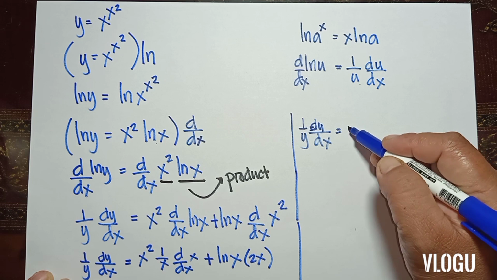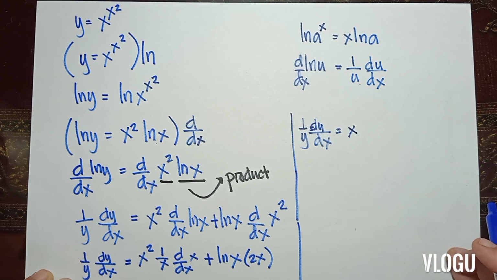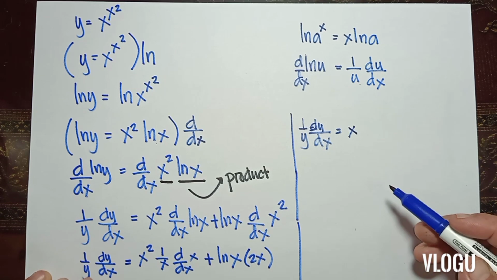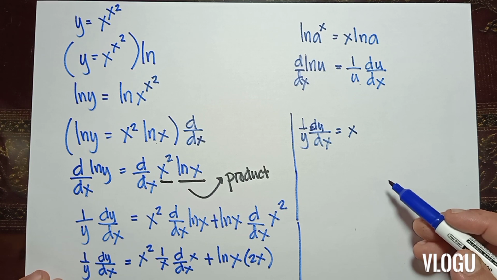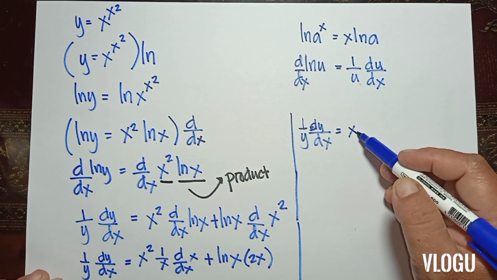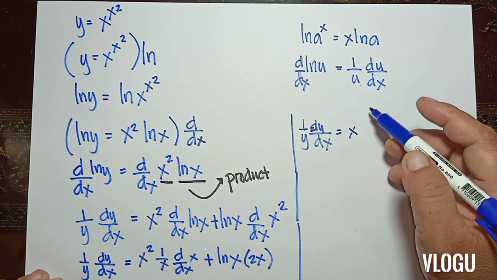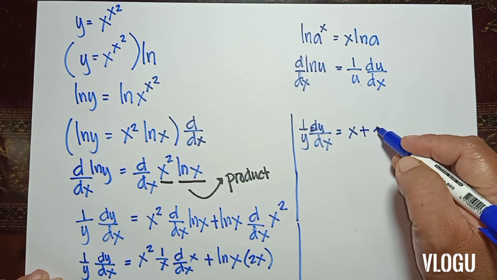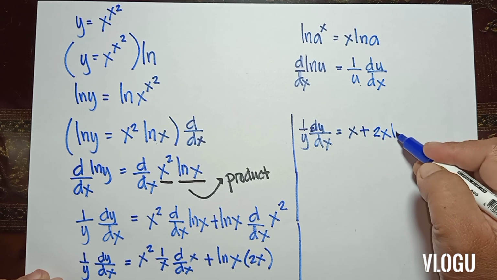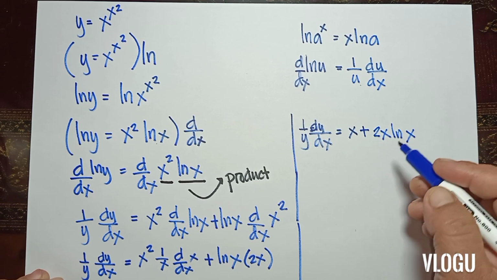Did you understand why we have x only? Because dx over dx cancelled out. You have x squared over x, that is x. So that's the reason we have x here. Plus 2x ln of x.